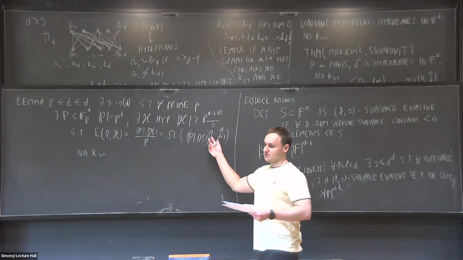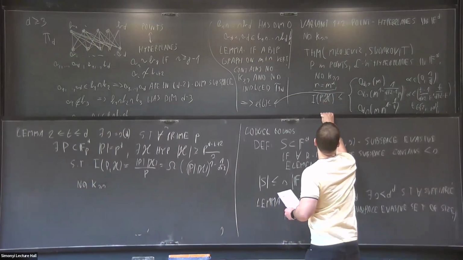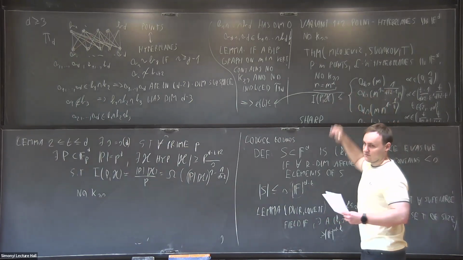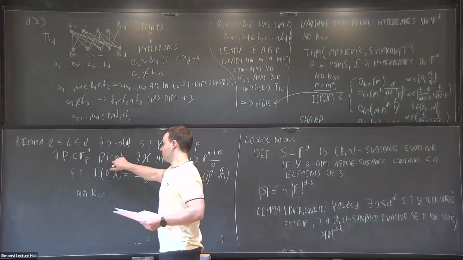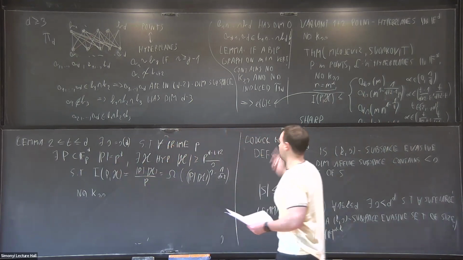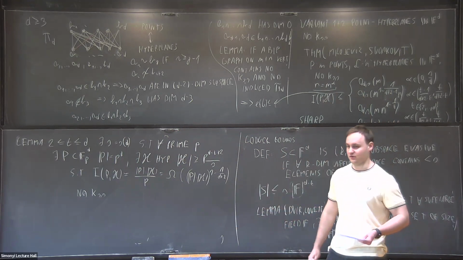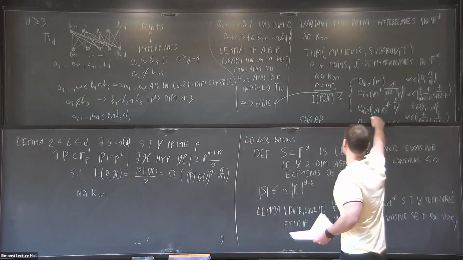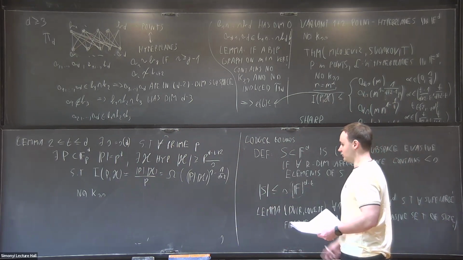Now this exponent is exactly the extreme value of what we get here. When the size of P has this nice form, then we get exactly the bound we wanted. And if it doesn't have this form, we can do some kind of interpolation, which leads to worse bounds in the general case.